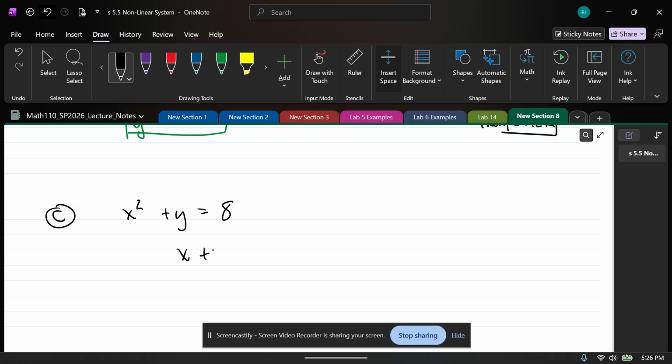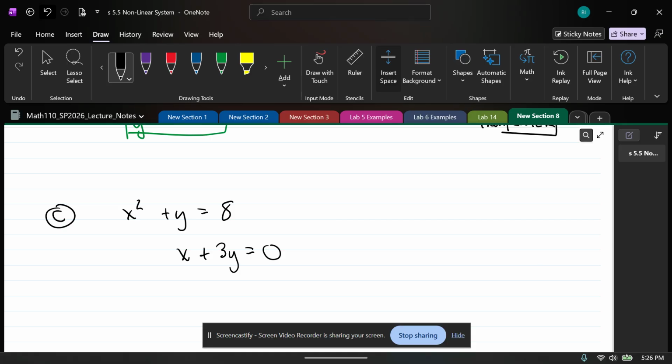Then x plus 3y equals 0. X squared plus y is equal to 8, and x plus 3y is equal to 0. This one would be a great candidate for graphing.